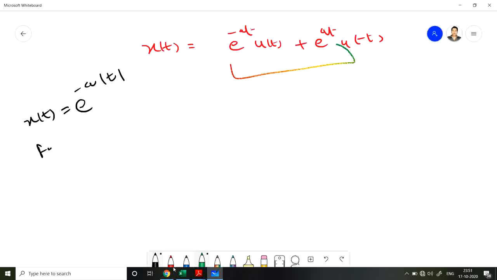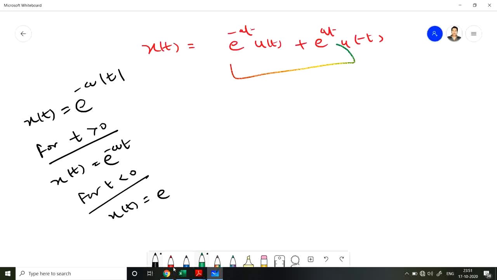For t greater than 0, it can be written as e raised to the power minus at, and for t less than 0 it is e raised to the power at. If we summarize this, for t greater than 0 it is e raised to the power minus at, so we multiply it with u(t), because u(t) is only for positive values of t, and we multiply e raised to the power at with u(minus t) because it is for negative values of t.